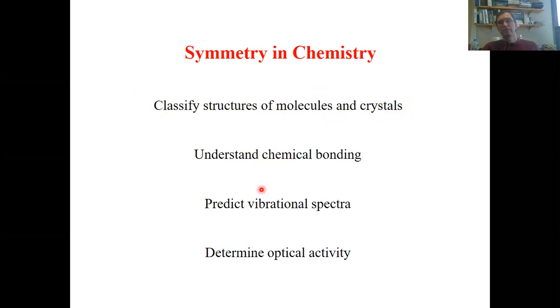It can help us to predict vibrational spectra of molecules. It can also help to determine optical activity of substances. So these are just a few examples. In this course, we'll mostly focus on the first two aspects here, the classification of structures and molecules with symmetry and the understanding of chemical bonding with the help of symmetry.